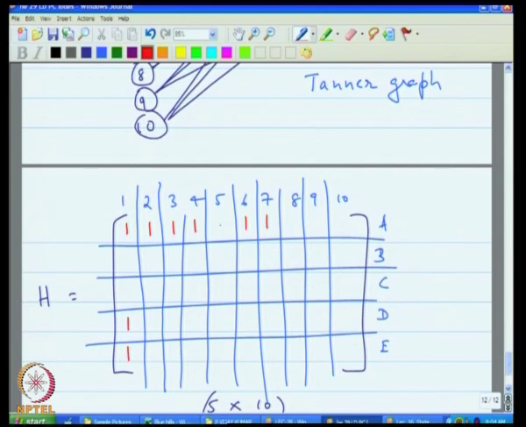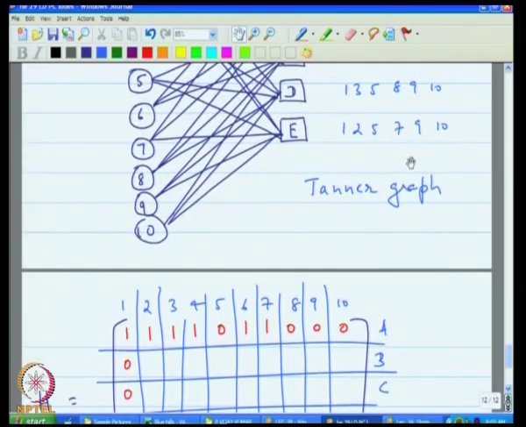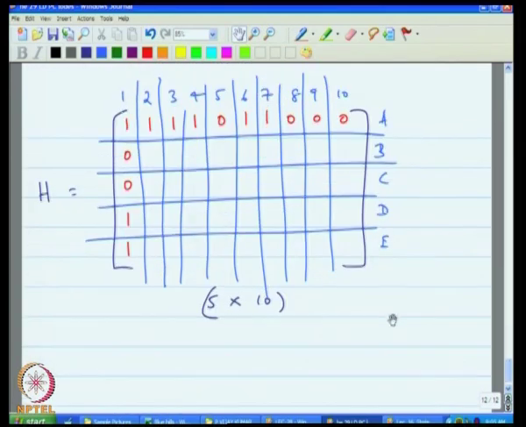The remaining symbols are 0. In this way you can fill up the entries of the matrix, and what you will notice is that this is an instance of a dV-dC regular code, because every row will turn out to have Hamming weight 6 and every column has Hamming weight 3.